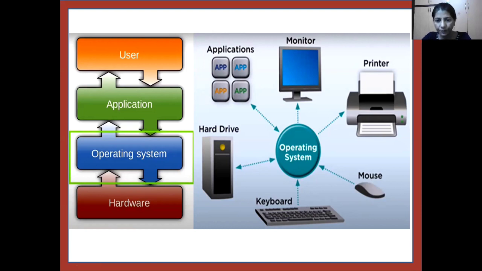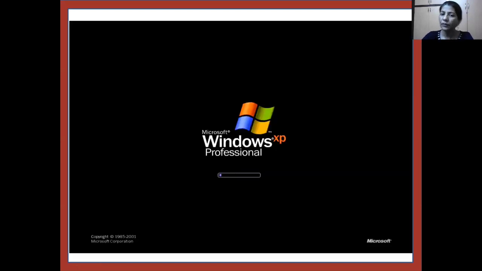Fine. Now, you must have seen that as we switch on the computer, some instructions come on the screen. Then this screen comes, Windows XP or Windows 7 or Windows 8, whatever it is on your computer. This is the operating system getting loaded.